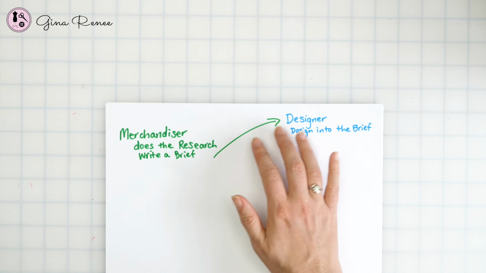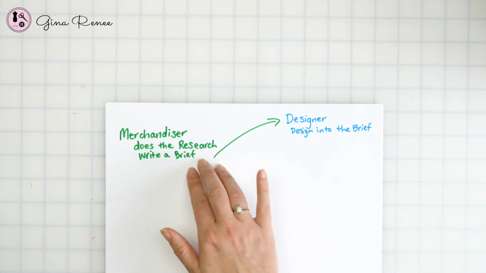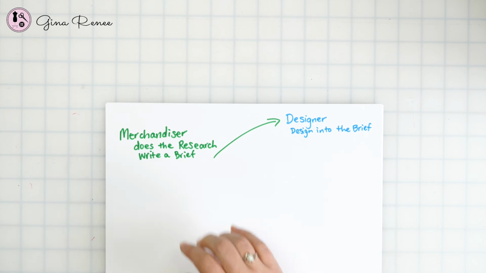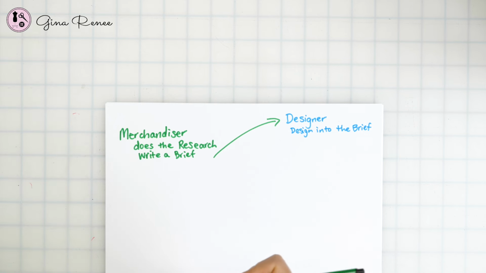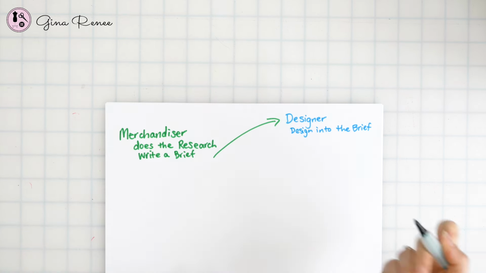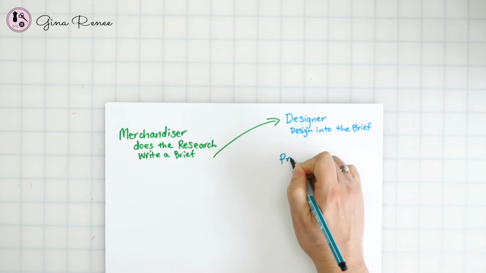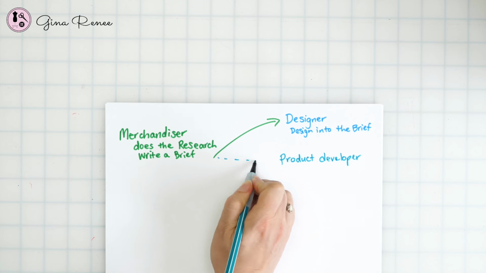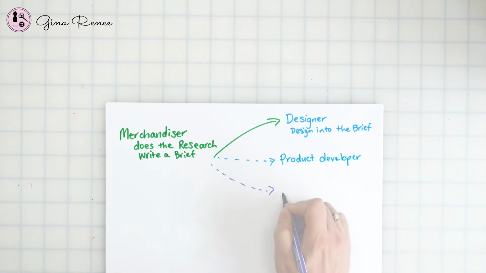Additionally, the fabric and materials team will often be a part of that briefing so that they know what fabrics they're going to have to start developing or sourcing. So we also have here product developer, and we'll get a dotted line because they're in the meeting.